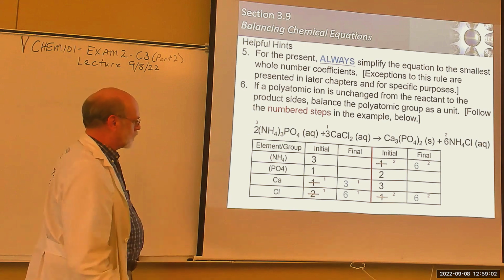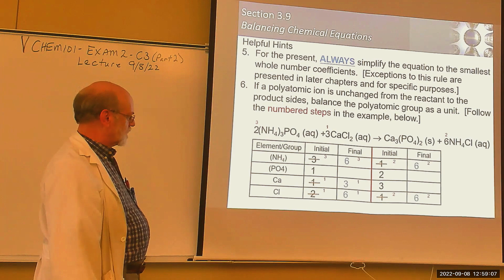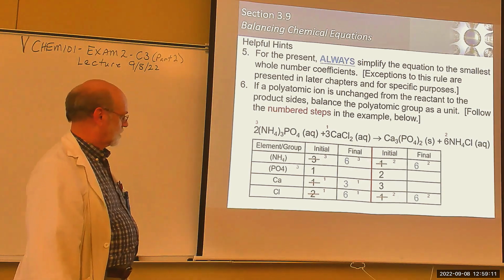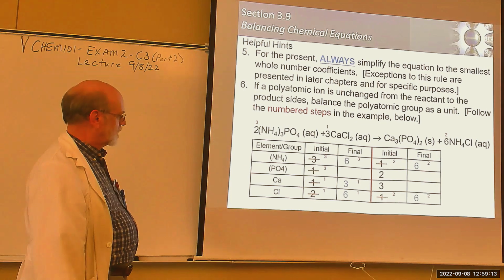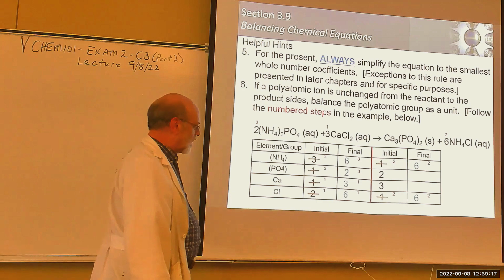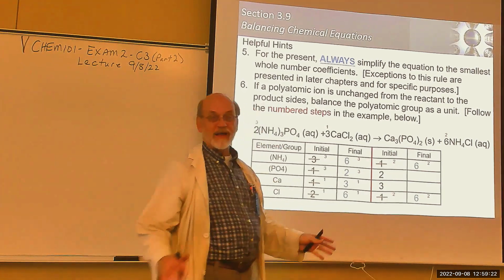So now we can re-inventory the ammoniums. We have 6 ammoniums there. And that gives us 2 phosphates. And so we want to change that one to 2 phosphates. And you can see right off 6, 6, 2, 2, 3, 3, 6, 6. We're balanced.